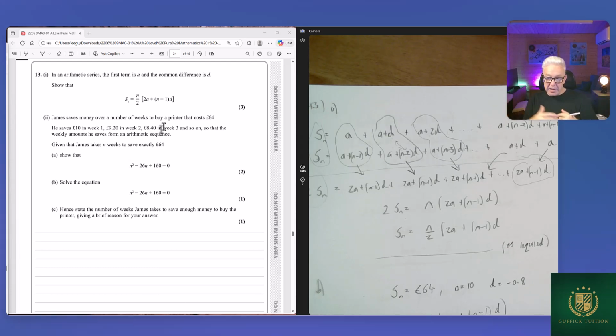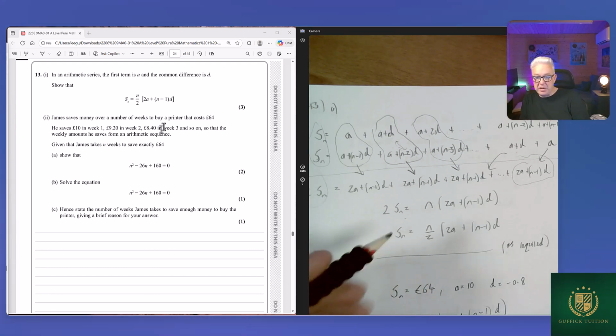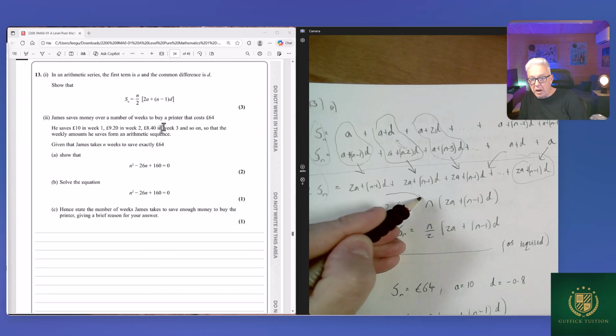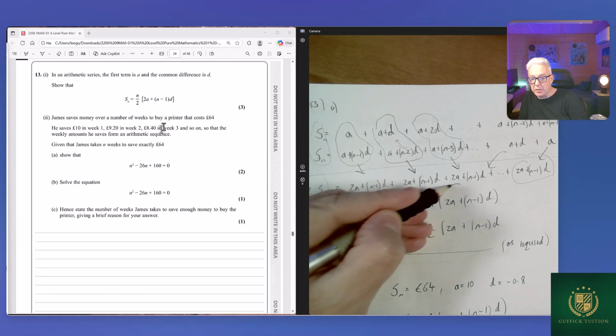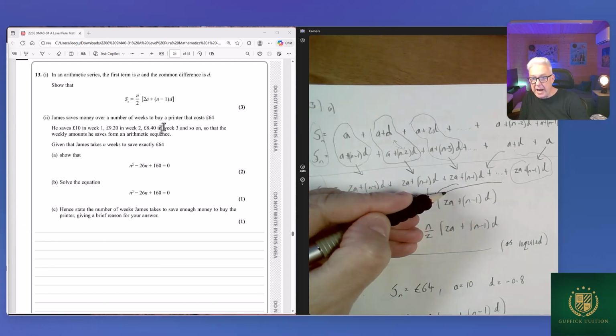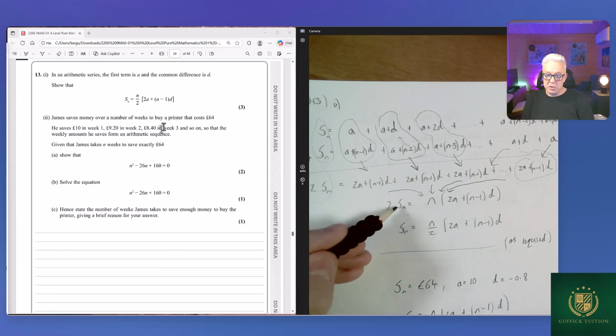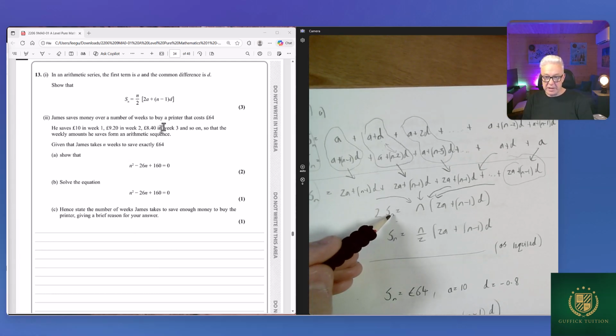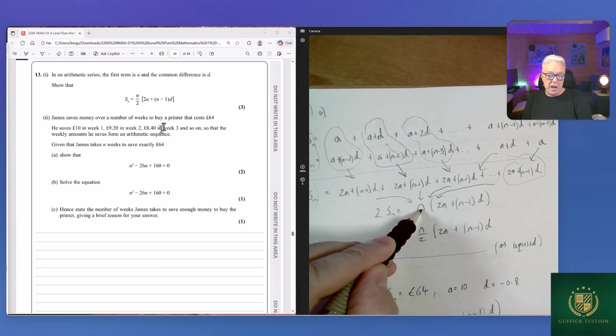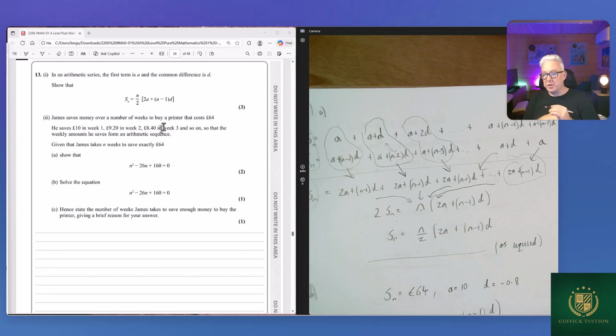When there are n terms in the series, that means you've got n lots of 2a plus n minus 1 times d. So when we add the whole thing together, we get 2 times the sum of the series is equal to n lots of 2a plus n minus 1 times d.